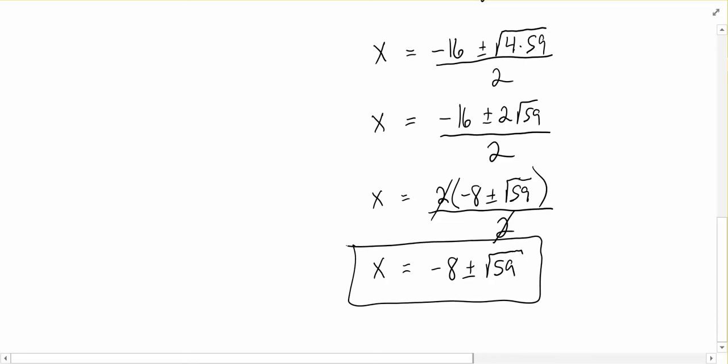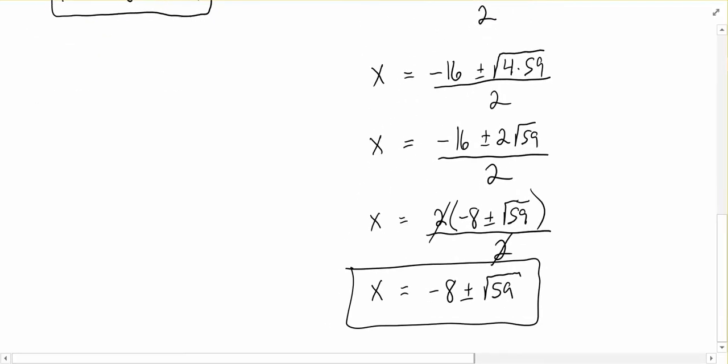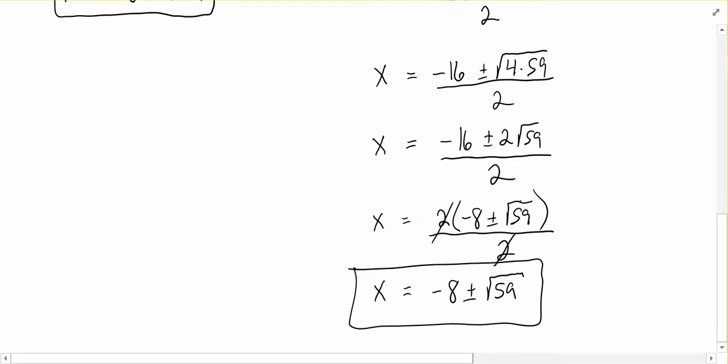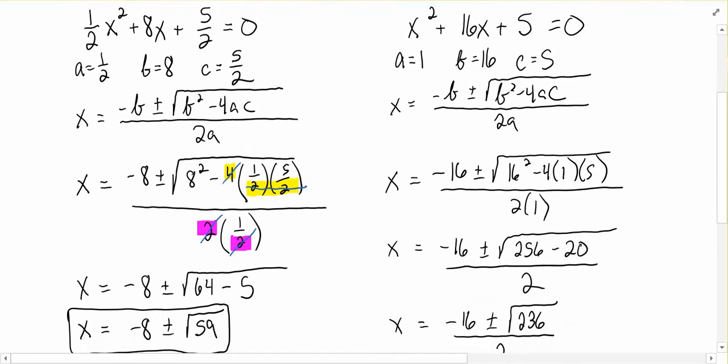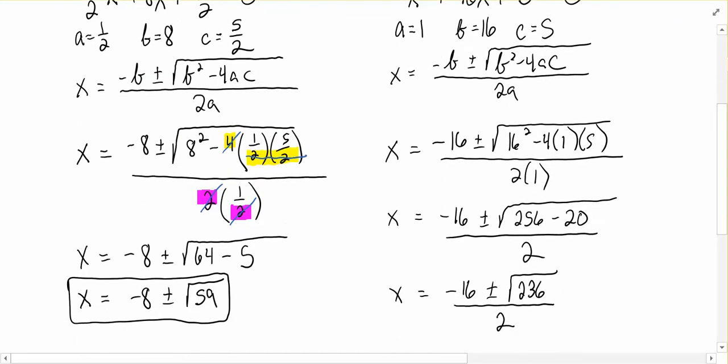Use the trick, because the chance of you making an error in these steps that we saved are really high. I see a lot of people that simplify the radical incorrectly, or they simplify the fraction incorrectly. So you may as well just use the trick from the beginning and deal with smaller numbers throughout the entire problem. Seems like a win-win there. You're skipping steps and dealing with smaller numbers. Pretty good idea to use the trick.